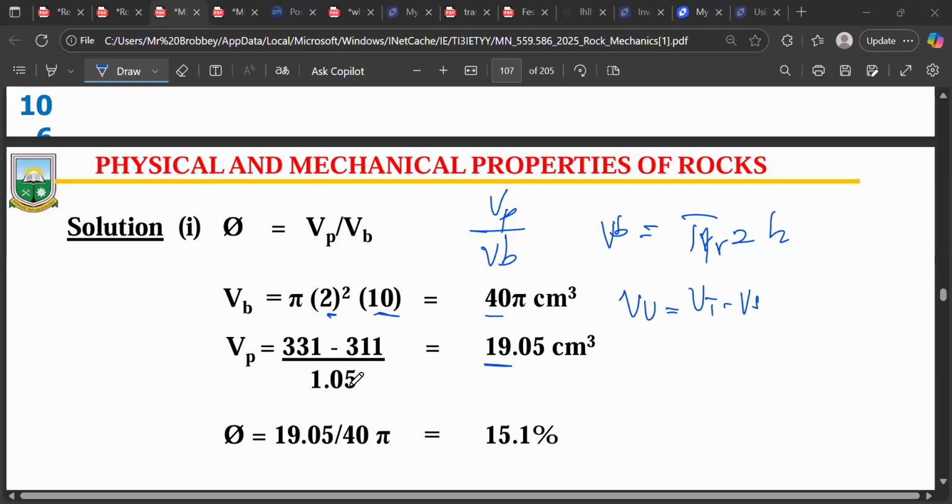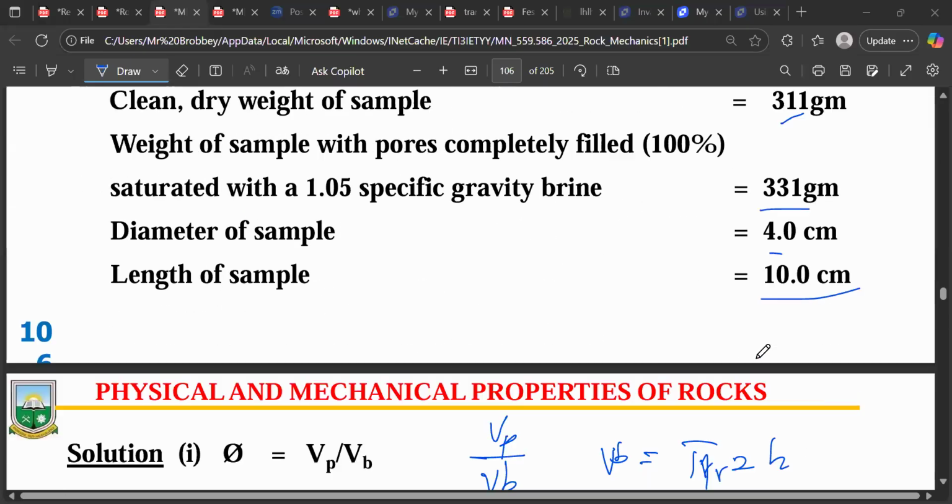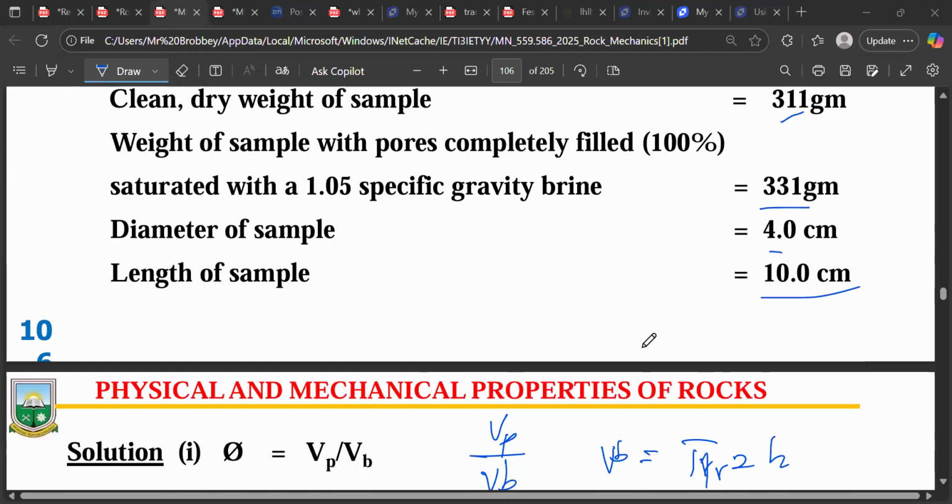All right. So the VP being here, because it's also equal to the pore volume at the end of the day. So you divide it by the specific gravity of the brine.